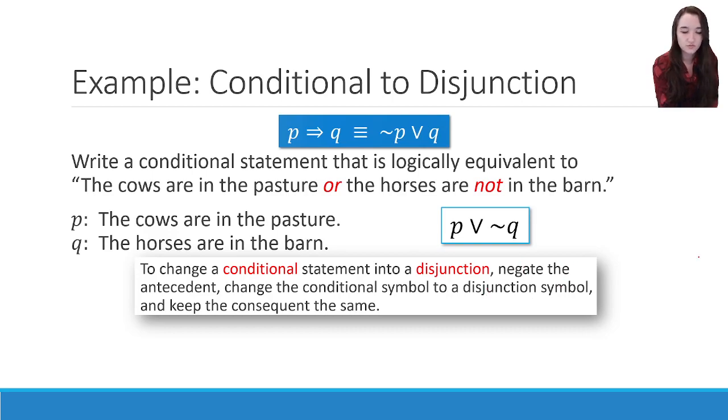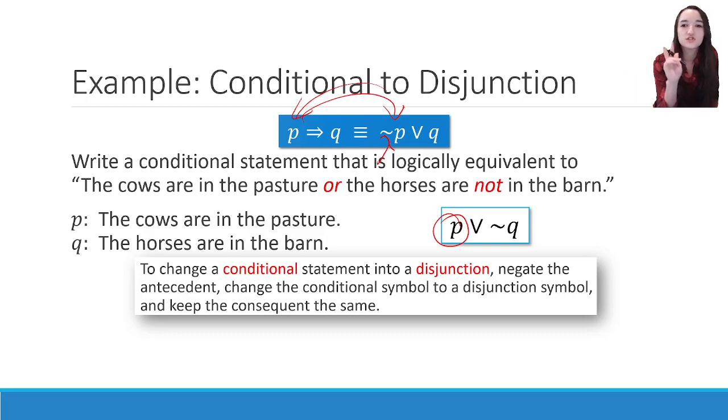Which we can then do in reverse. We're negating the antecedent, which means we're just changing whether or not the antecedent is negated. So we're going to renegate it instead of negating it. It's already, let's say, positive, so we're going to make it negative.